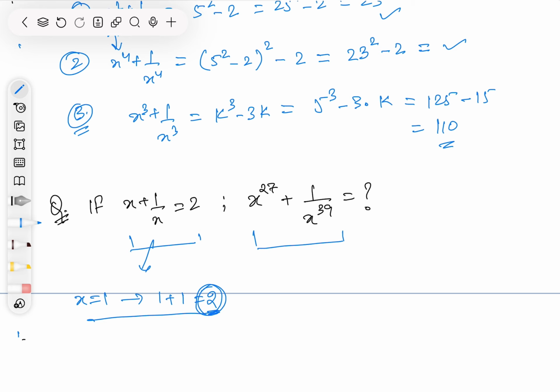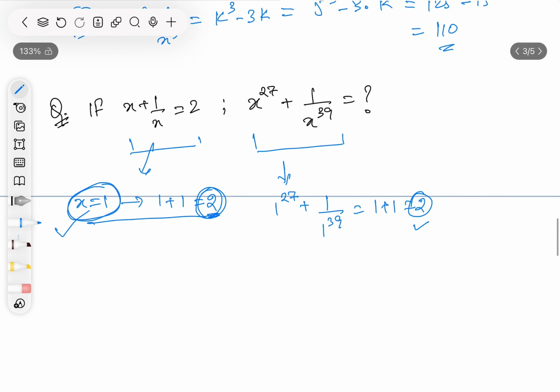So that means anyhow I will have to make my x equals to 1. So I can put here 1 to the power 27 plus 1 to the power 39, which is 1 plus 1, which is again 2.